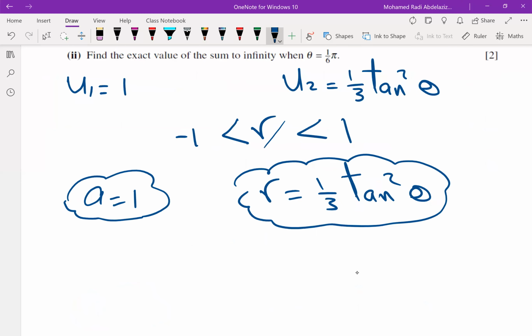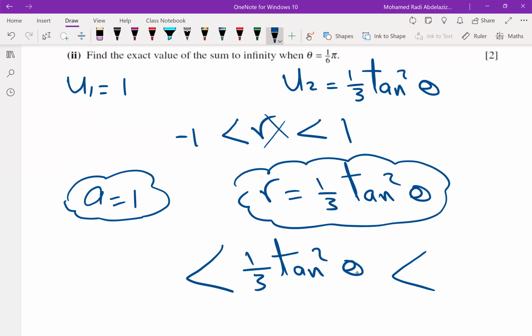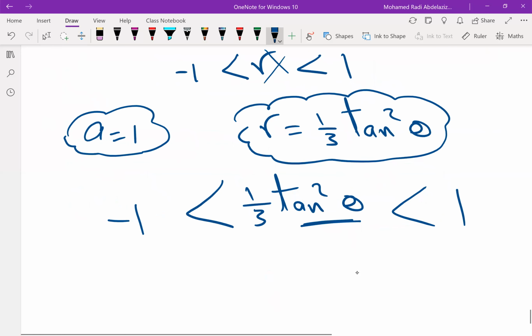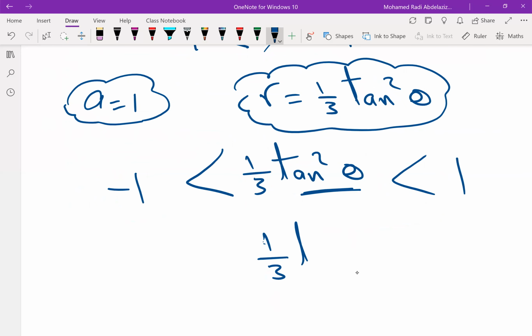Now r is a third tan squared theta. It has to be between negative 1 and 1. But because this is tan squared, the value has to be positive. So a third tan squared theta is between 0 and 1.